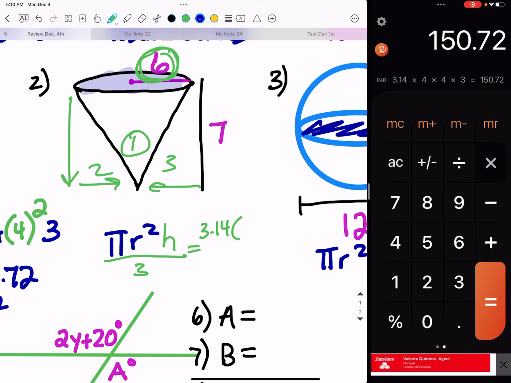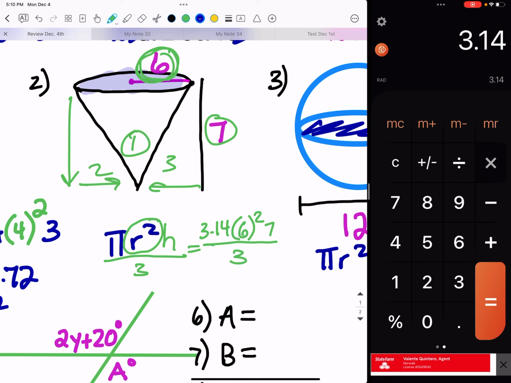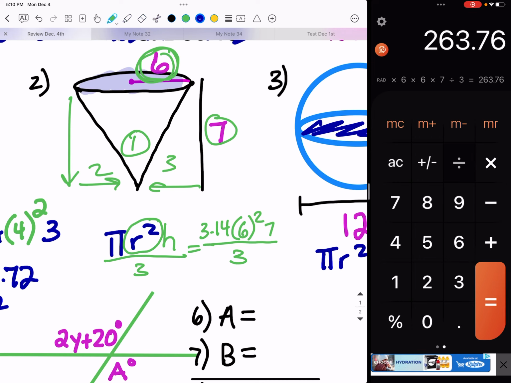They're giving me the right radius, so times 6 twice, the radius squared, then times 7 for the height, and then divide by 3. 3.14 times 6 times 6 times 7 divided by 3 is 263.76 units. Let me make sure I did that right. Yeah, 263.